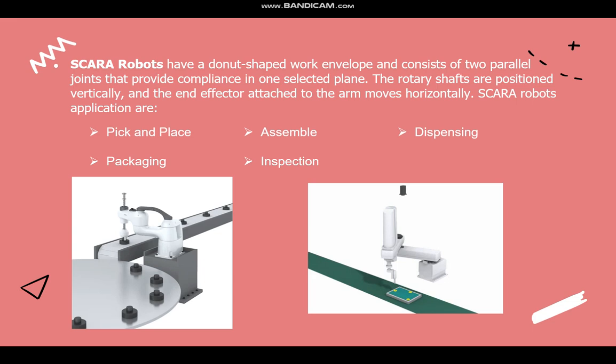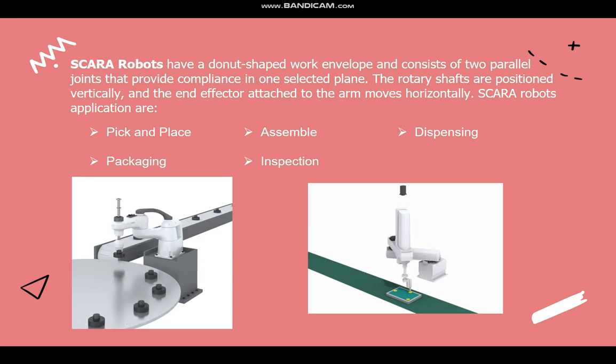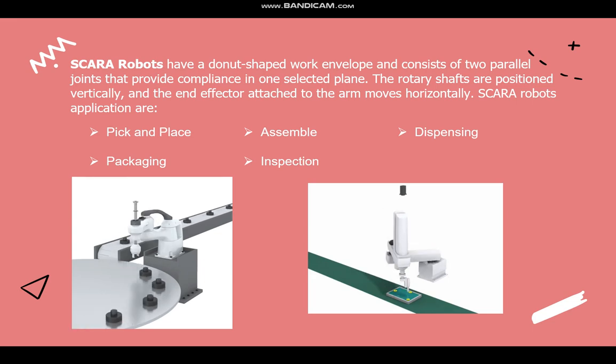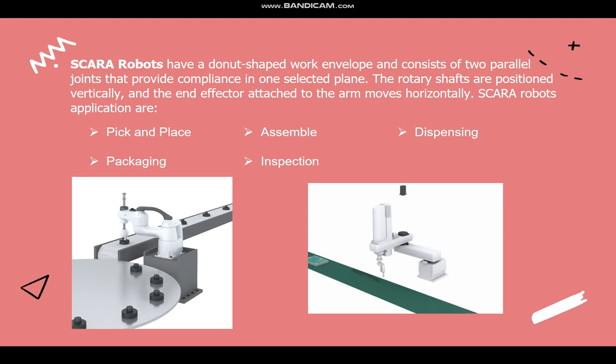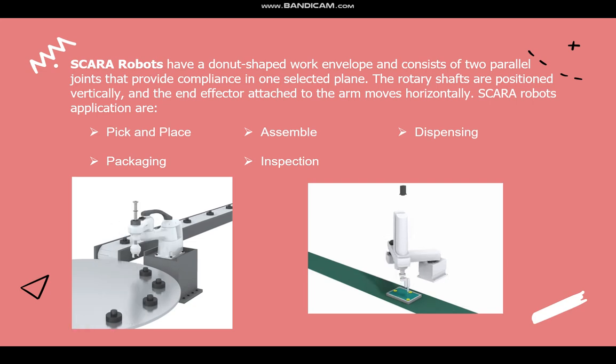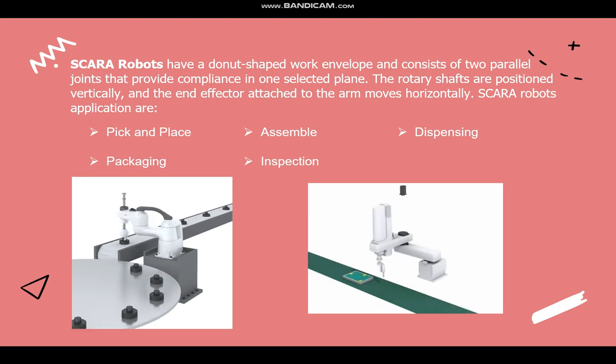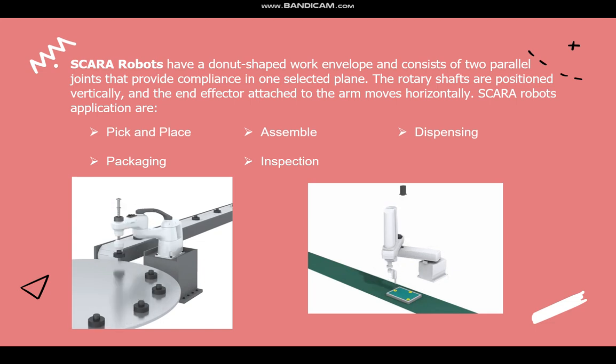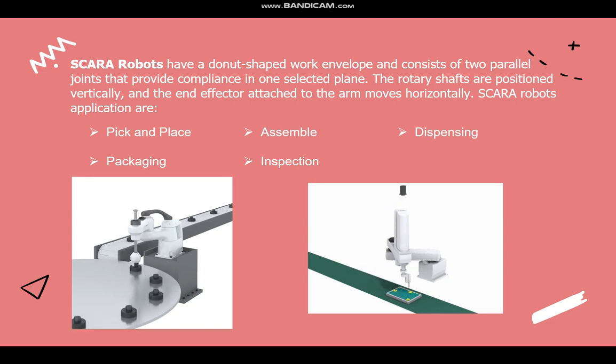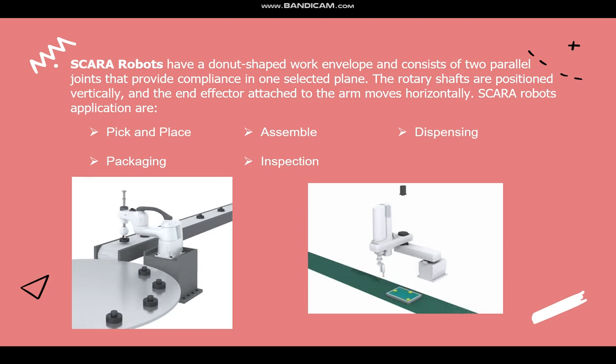Now let's move on to SCARA robots. SCARA robots have a donut-shaped work envelope and consist of two parallel joints that provide compliance in one selected plane. The rotary shafts are positioned vertically and the end effector attached to the arm moves horizontally.